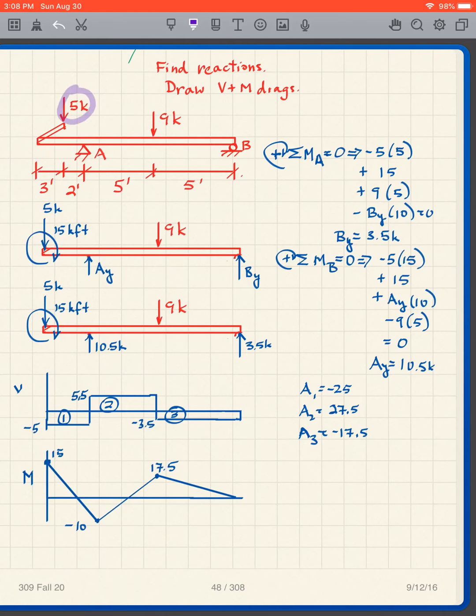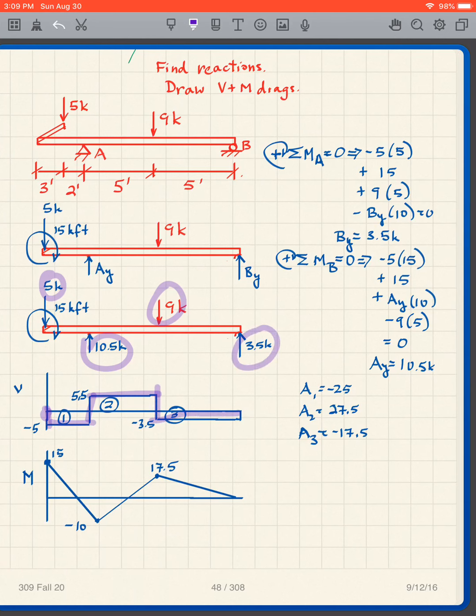I now have this final free body diagram where I have my reactions there. So what do I do? I start at 0. I'm following the arrows. Down 5 for that, over. Up 10.5, over. Down 9, over. Up 3.5, back to 0. So there's my shear diagram.